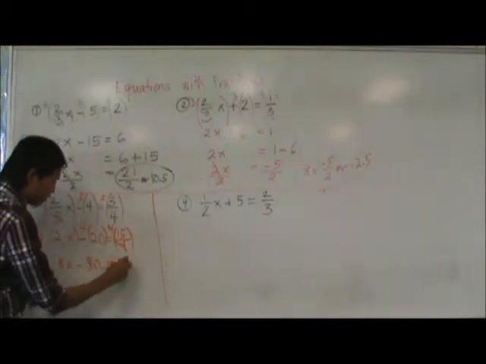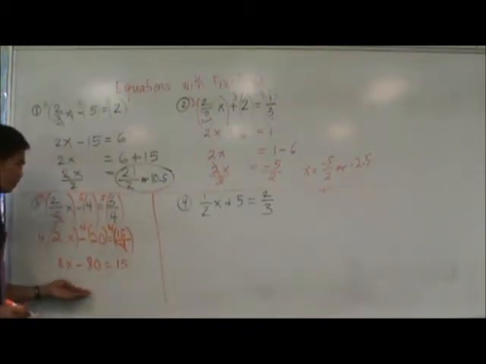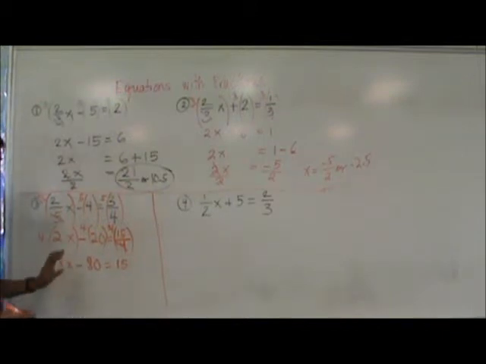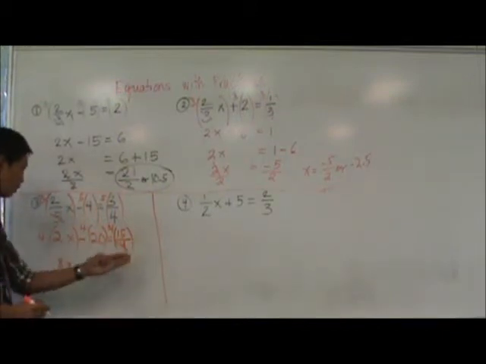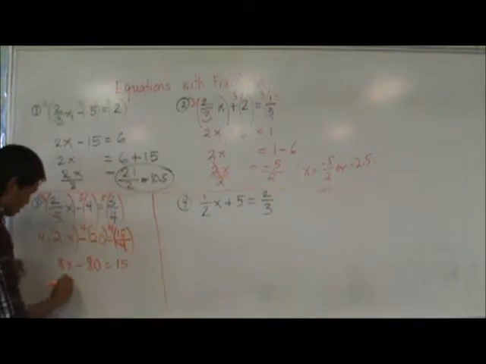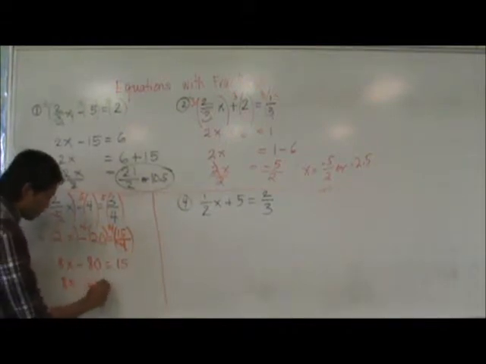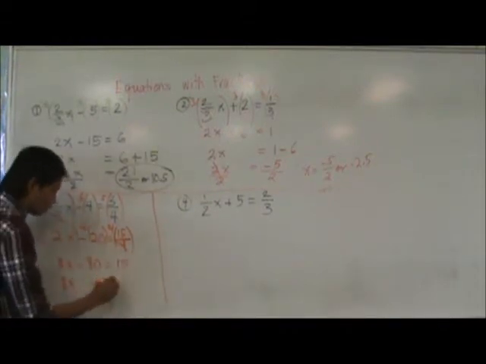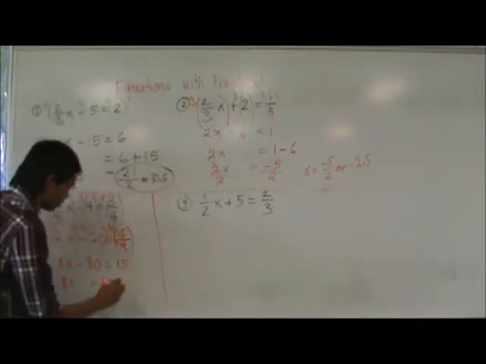And now we have 15. Here we go. Don't have fractions, we can just move minus 80 over. 8x equals 15. Your minus 80 over becomes plus 80.